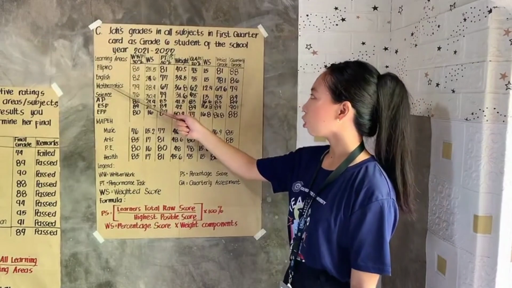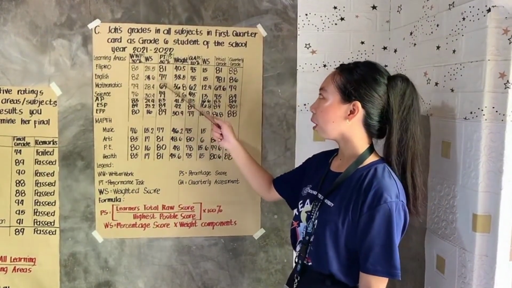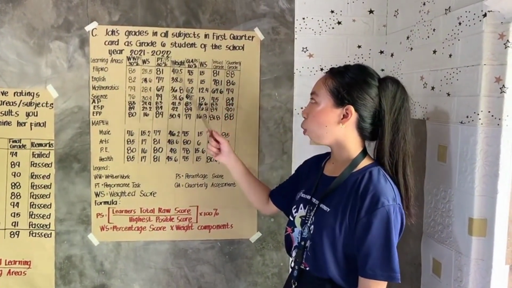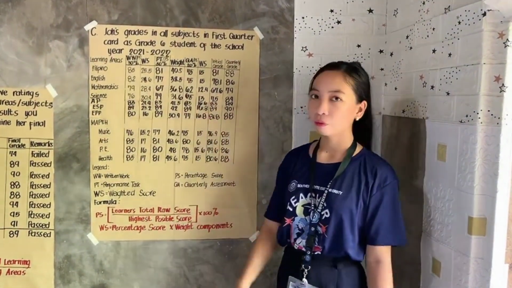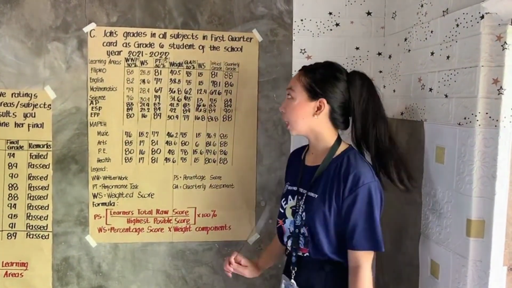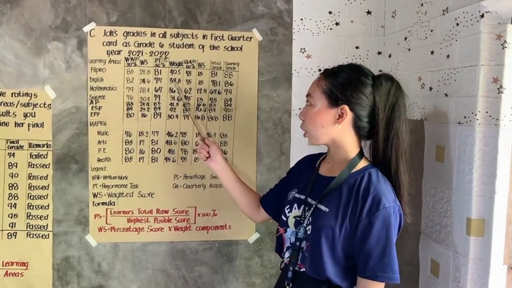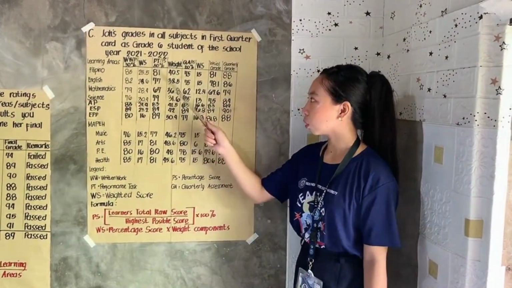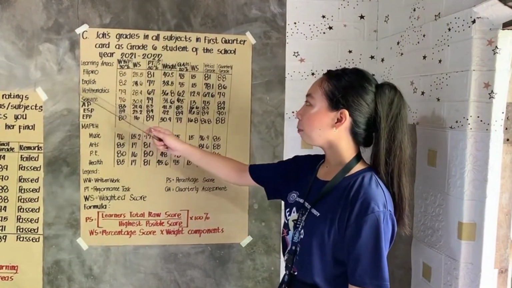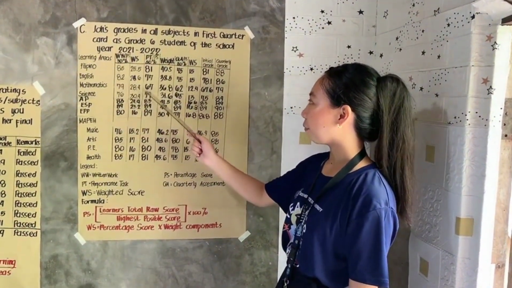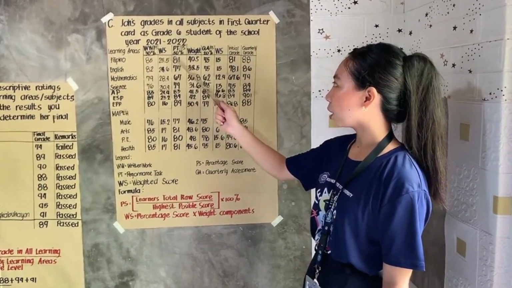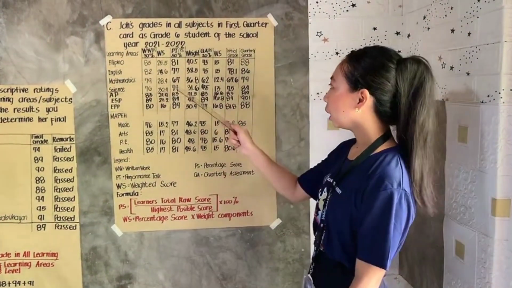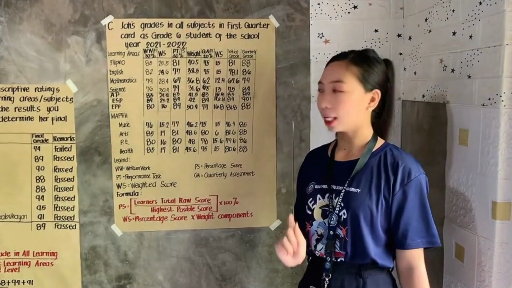In English, he got a 77 percentage score, multiplied by 0.50, he got 38.5 as a weighted score. And in Mathematics, he got a 67 percentage score, multiplied with 0.50, he got 36.8.